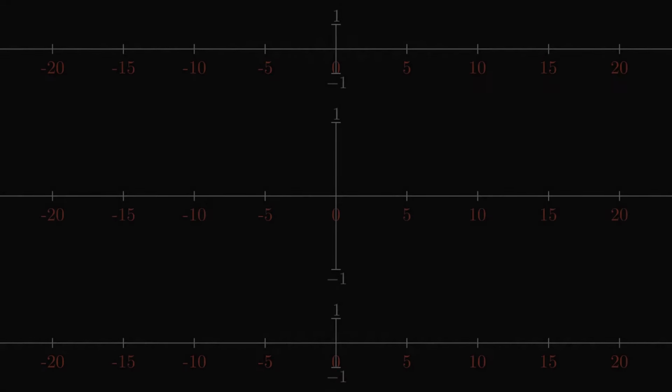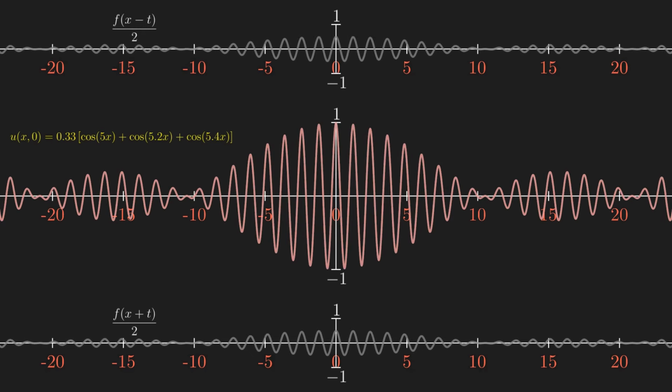Let's try another one with initial state of 3 cosine waves with slightly different frequencies.